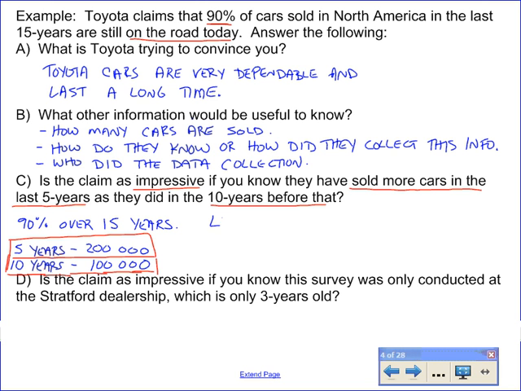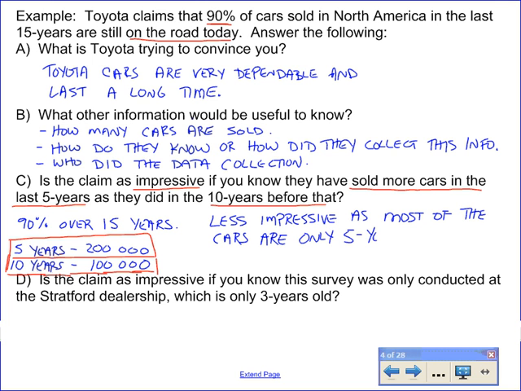So I would say less impressive, as most of the cars are only 5 years old. All right? Hey, and you can twist it your own way, but this is again an opinion question. But gee, a lot of the cars are only 5 years old. The majority of them are only 5 years old. So I'd say less impressive.